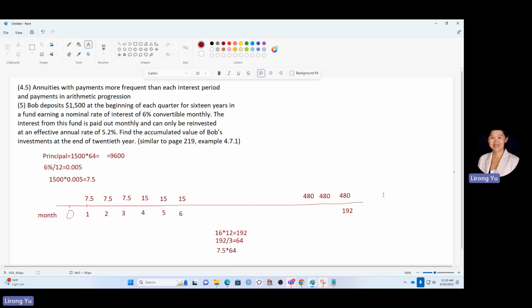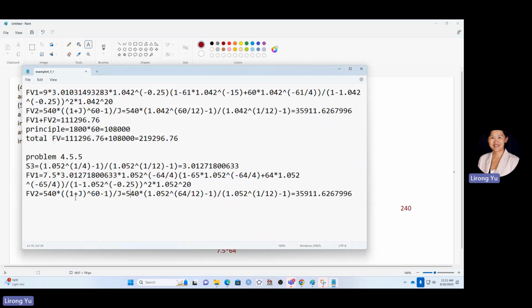There's no change to the cash flow anymore because the principal has stopped increasing. It's for 20 years, so if you multiply 20 by 12, you'll get 240. So the timeline lasted until month number 240, and after that the cash flow is going to be 480, and that's how we're going to change here.